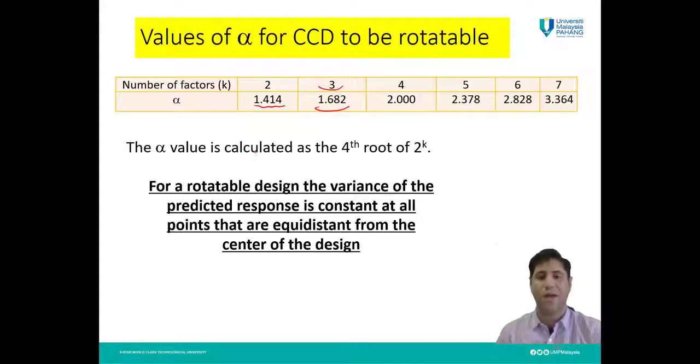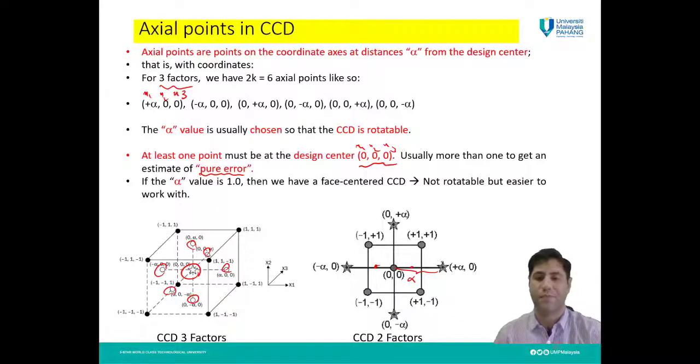If we do this, our design will be rotatable. But if we select alpha equal to 1, then, as you notice here, the distance from the center will be 1. However, it is not rotatable.